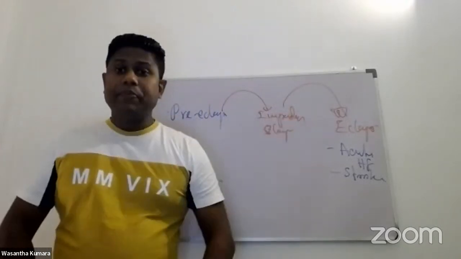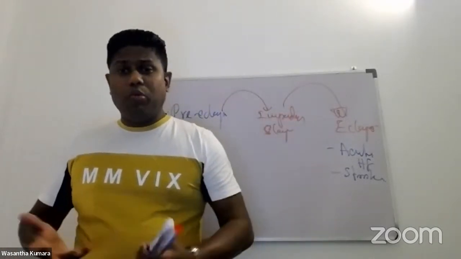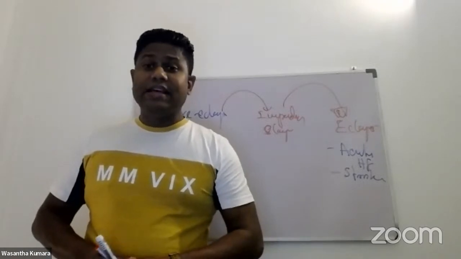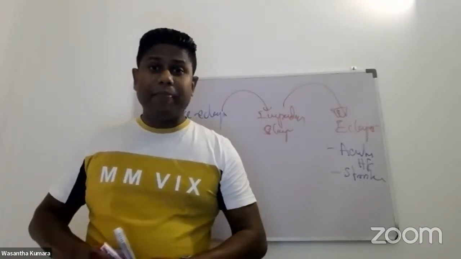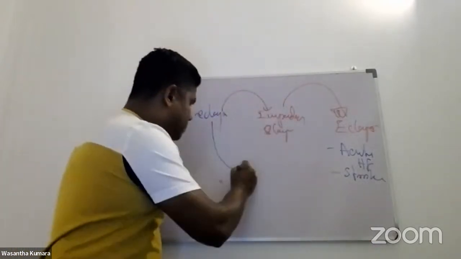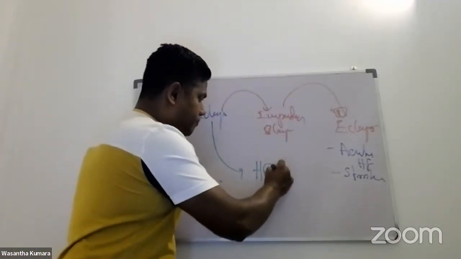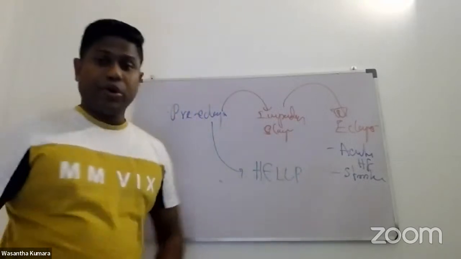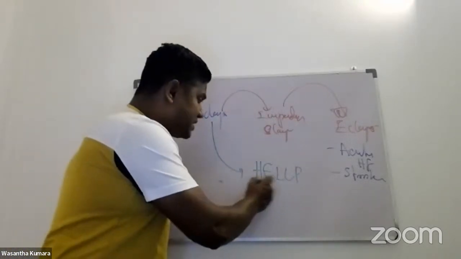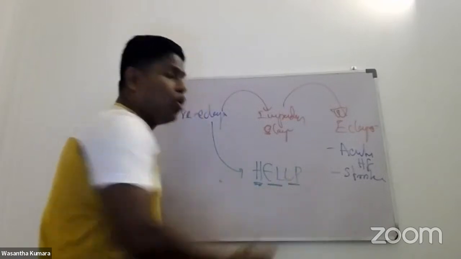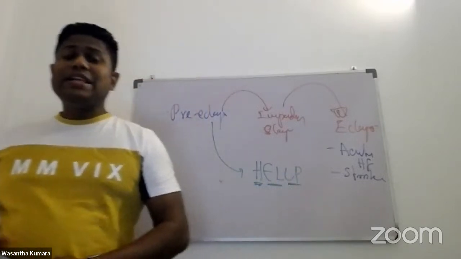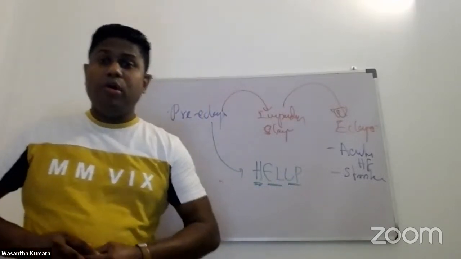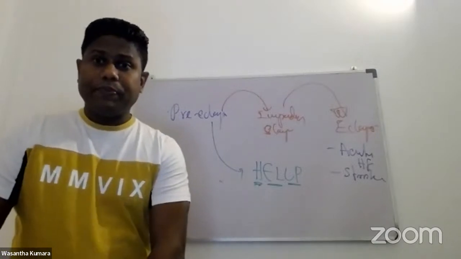What is another dangerous complication of preeclampsia? They can go into what is called HELLP syndrome. HELLP syndrome: hemolysis, elevated liver enzymes, and low platelets. These are mainly hematological or biochemical findings.